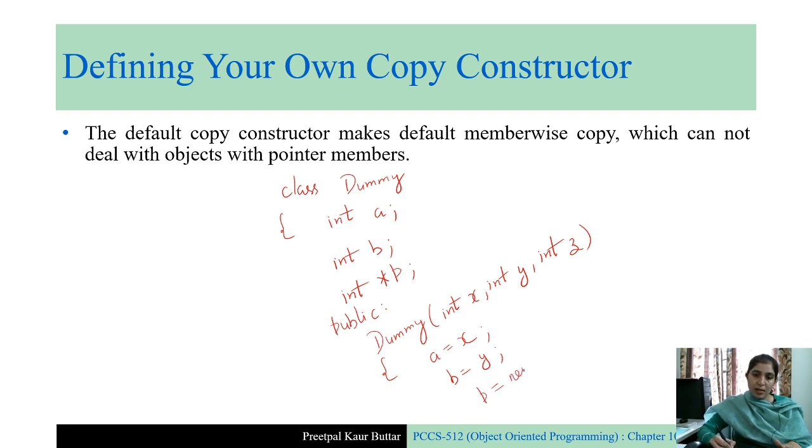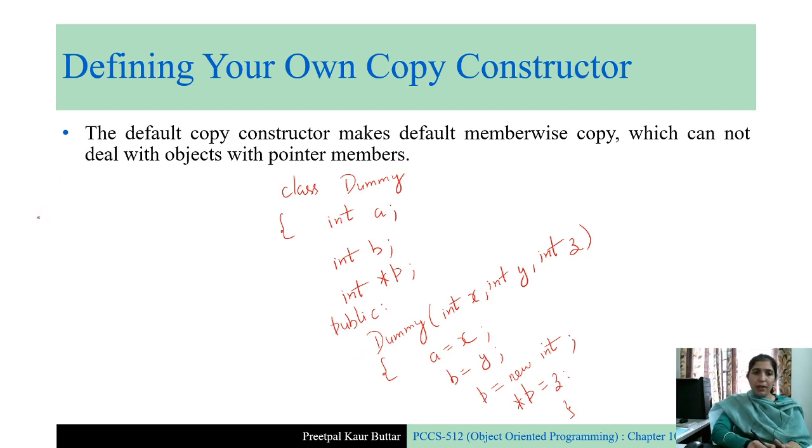So let us allocate memory to it. So we have allocated memory to this pointer. So star p is equal to z. This is the constructor. So what is it doing?